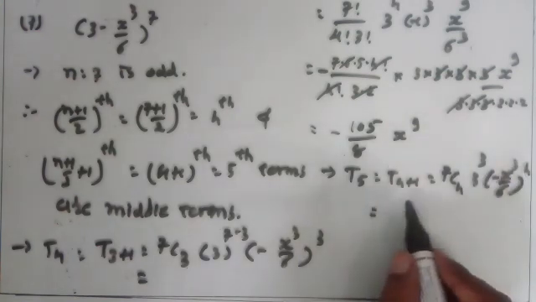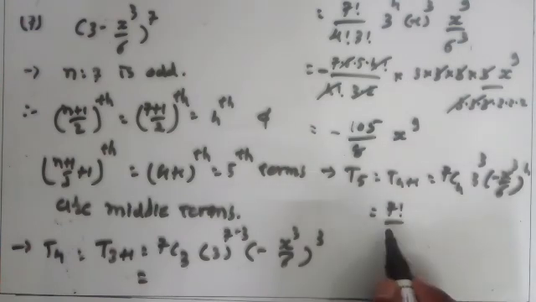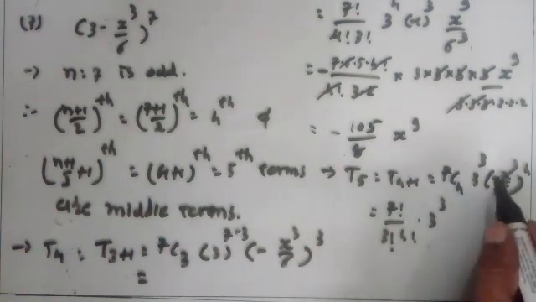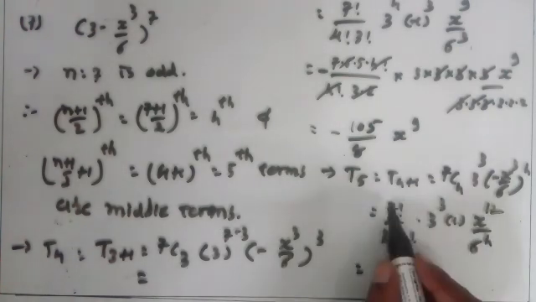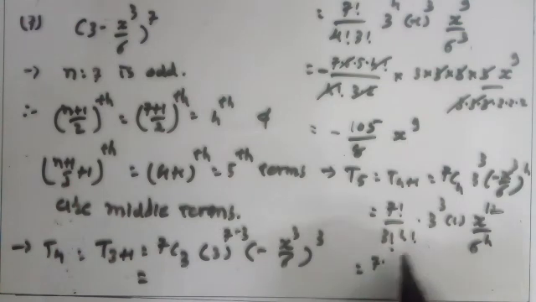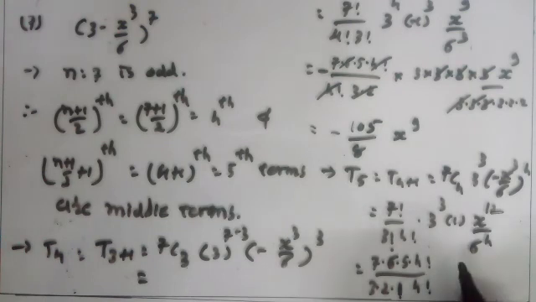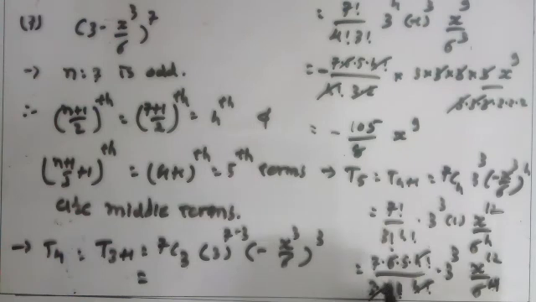Simplify this. 7C4 equal to 7 factorial upon 7 minus 4, that is 3 factorial, into 4 factorial, into 3 raised to 3, into minus 1 raised to 4, which becomes positive, into x raised to 12, upon 6 raised to 4. Here 7 factorial splits up to 4 factorial: 7 into 6 into 5 into 4 factorial upon 3 into 2 into 1 into 4 factorial, so the 4 factorial from both cancel, and 3 and 6 cancel.